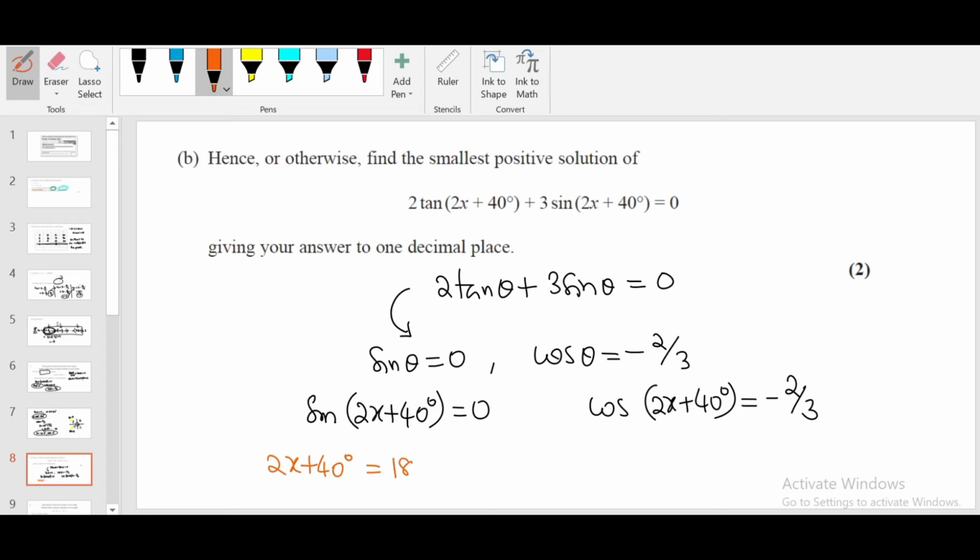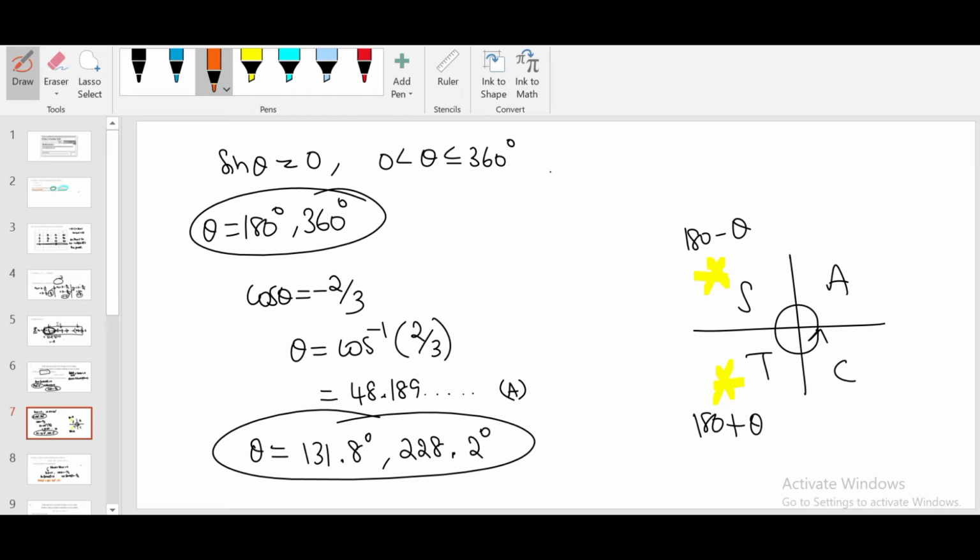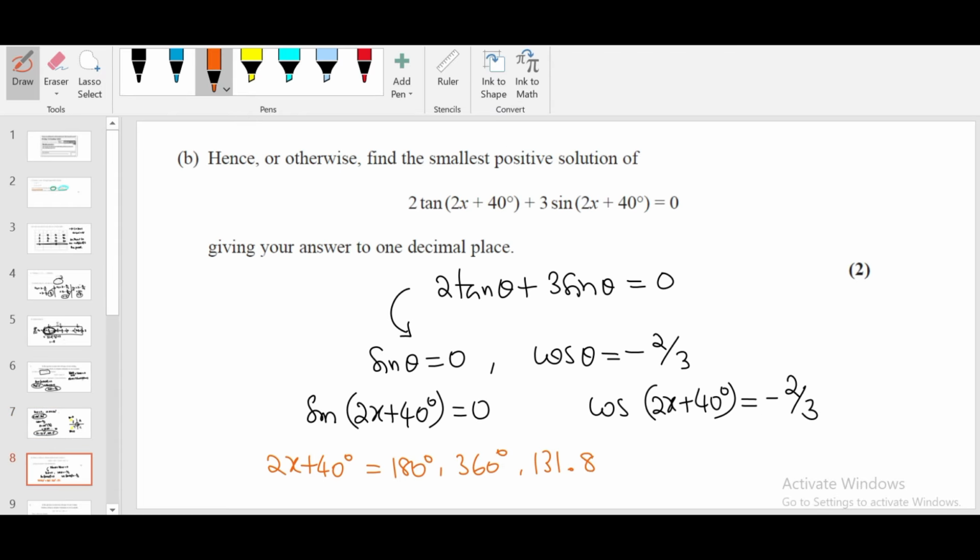You will get 180, 360, 131.8 and 228.2 degree. Subtract 40 from everything and divide by 2. Find the least possible value.